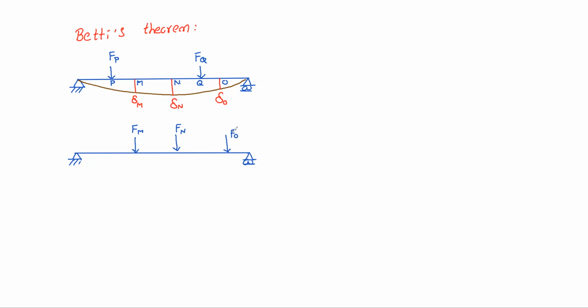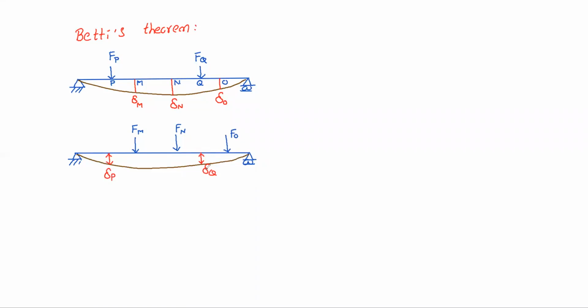Then the displacement for this, let us assume, is like this. Then here, let us assume displacement under P is delta P, under Q, let us assume it is delta Q.